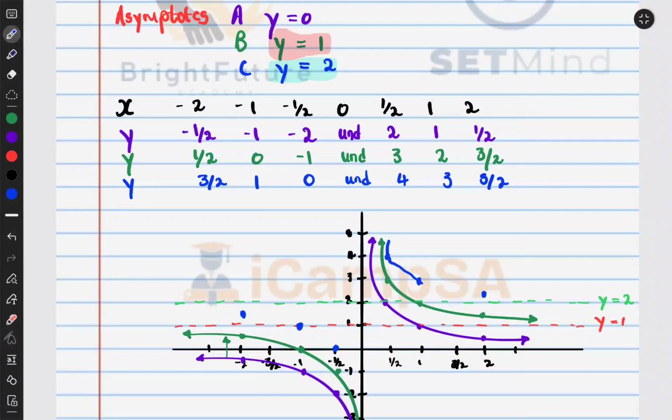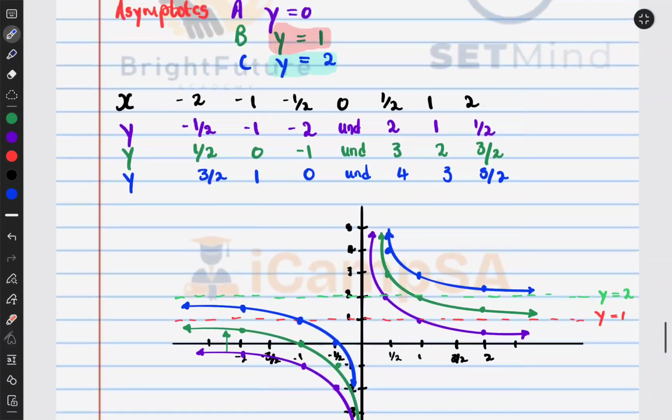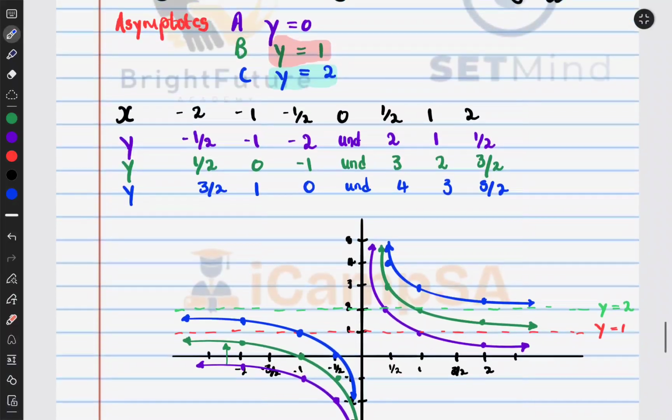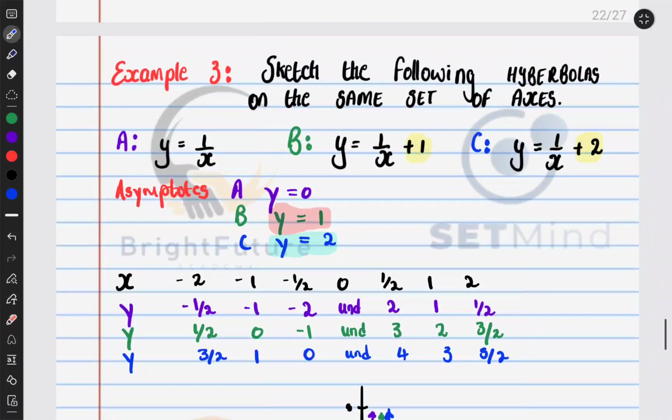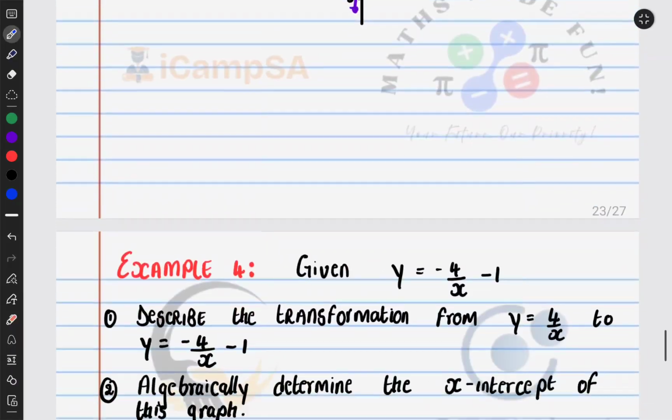It approaches that green line but it never touches it. The same goes for here. That is our function there, and you see it has been shifted upward by 2 units. So you can see that changing the value of q shifts the function upward.